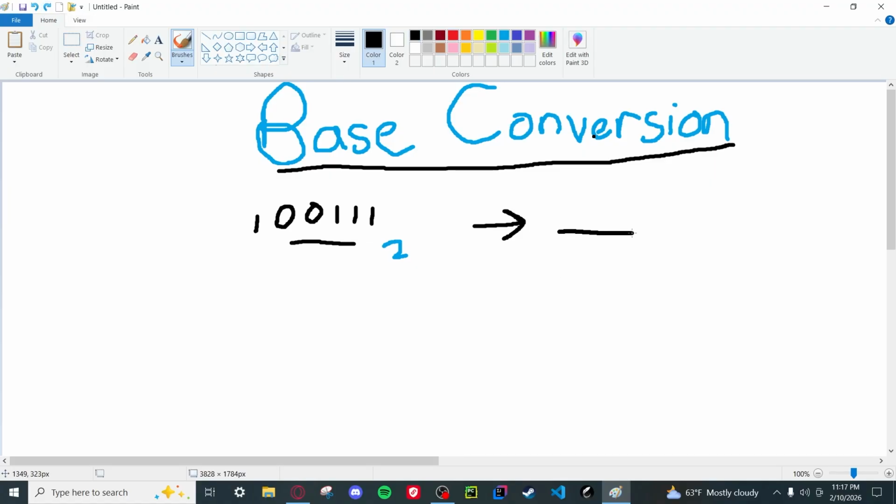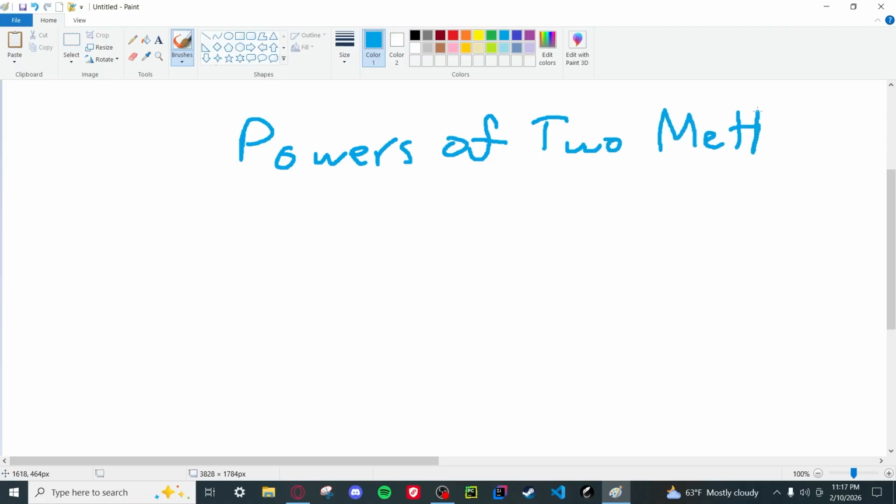I want to introduce you to a fast way, which I call the powers of 2 method. Okay, so what is this method? Why is it called the powers of 2 method?